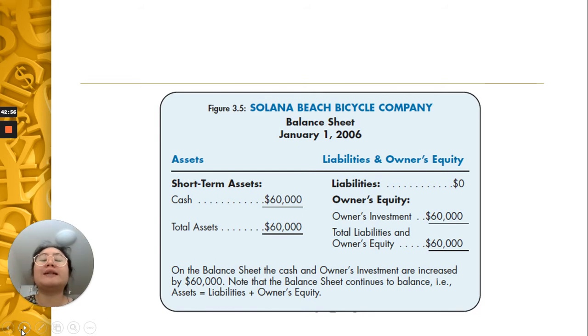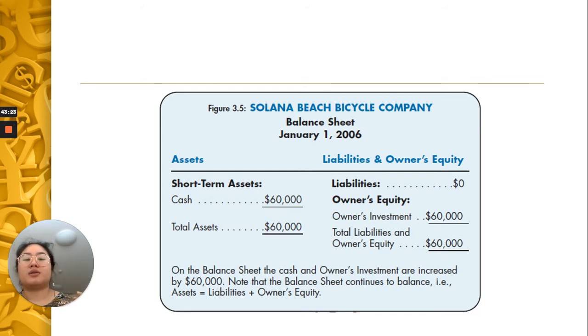January the 1st is when the company is set up and Sam invests. So the asset should be the cash that Sam took from the bank account to invest into the business. So the cash will be 60,000. The liability is zero because they don't run the business yet.